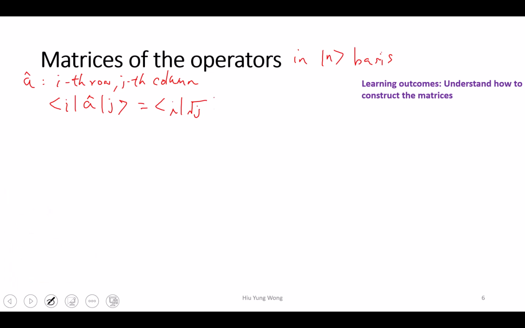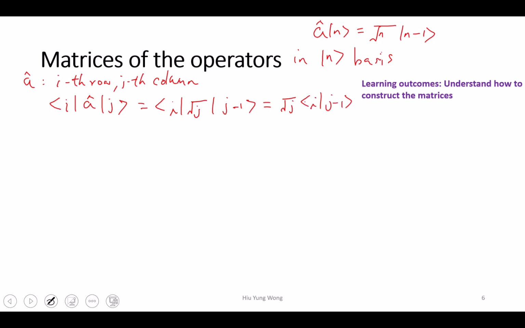Square root j, j minus 1, right? Because I remember that A applied to n equals square root n, n minus 1. It is an annihilation operator, right? It takes away one of them. And then square root j is a number. I can take it out. It becomes j minus 1, right?